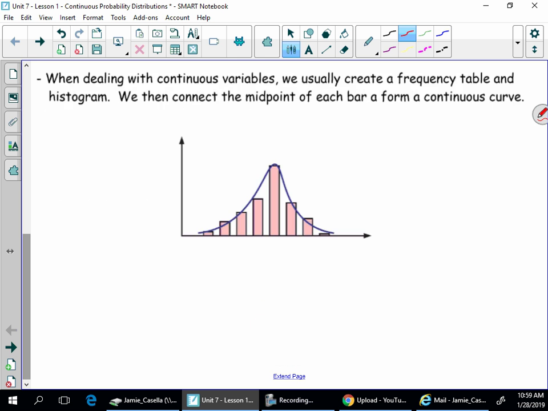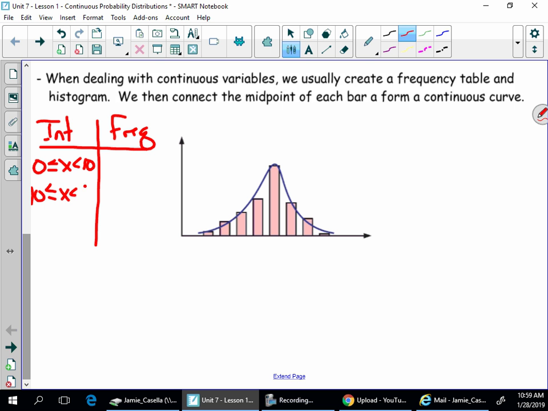If we go back to when we first started talking about data, when we did continuous data, we often made ourselves an interval table. And then we looked at their frequencies, and we may say, oh, between 0 and, I don't know, 10. And then from 10 up to 20, and so on. And we'd say there might be, I don't know, 1, then 2, 3, then 5, and so on.